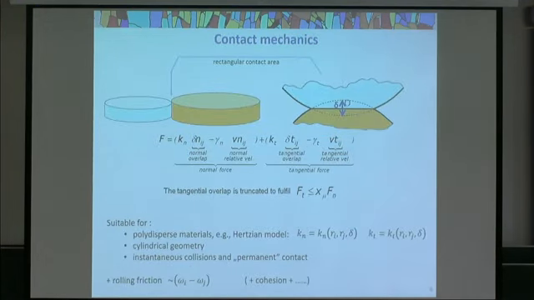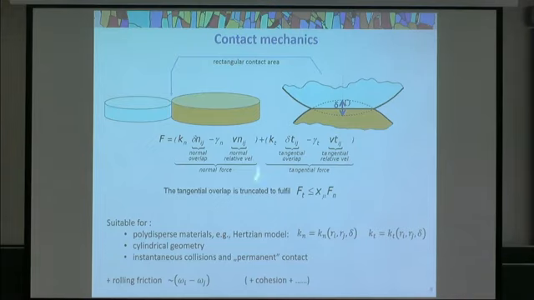I won't go into much detail because there is no time for that, but as for the first type of interaction, the contact mechanics, it is relatively straightforward to write a general expression for the interaction force.